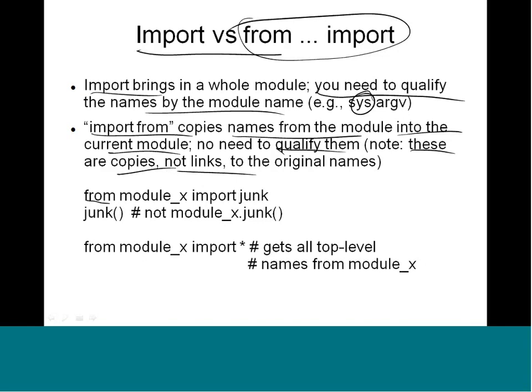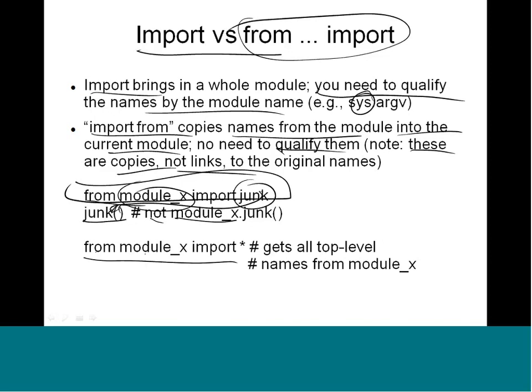So here is an example: from module X we import junk, and then we directly call junk. We don't call module X dot junk anymore. Now when we specify this command, junk gets transferred and copied, and kept as part of your module and not part of module X anymore.